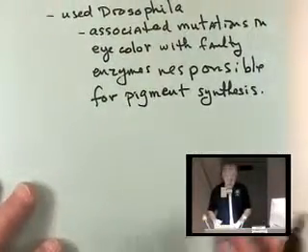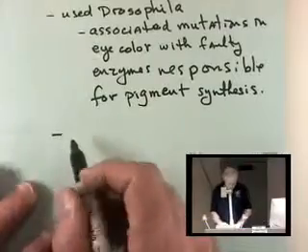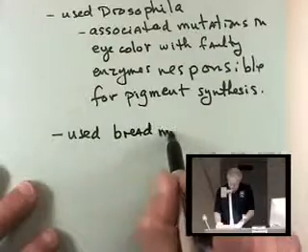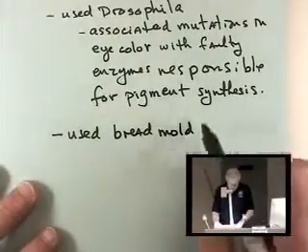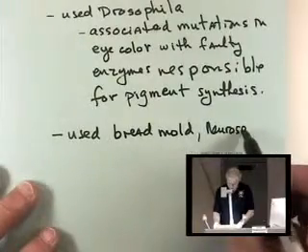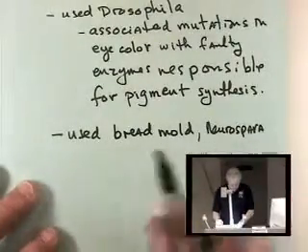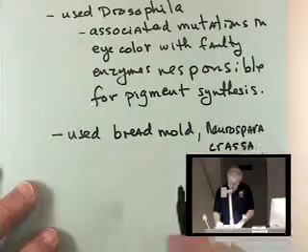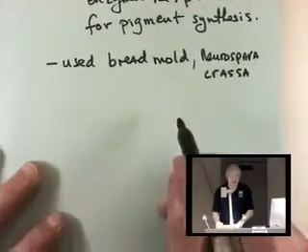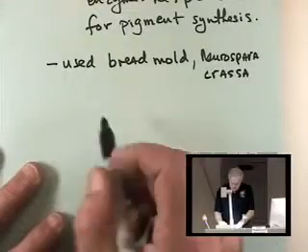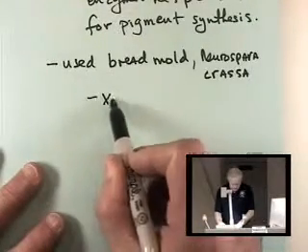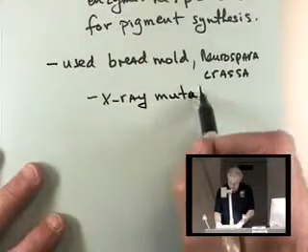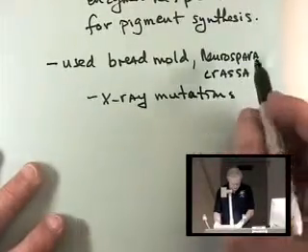Also, as his studies progressed and he started working with other colleagues, they used bread mold, Neurospora crassa, genus and species for that. And what they did is they utilized X-rays, inducing X-ray mutations in the molds.